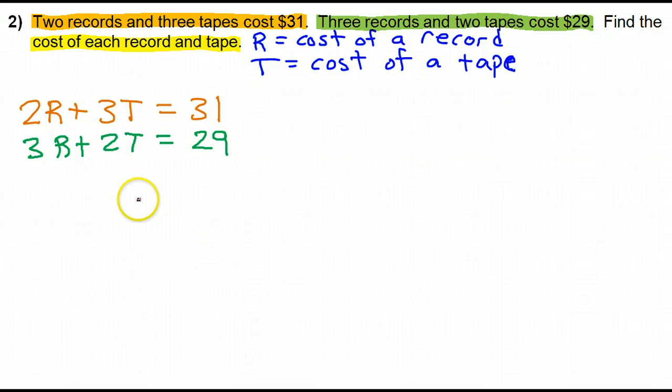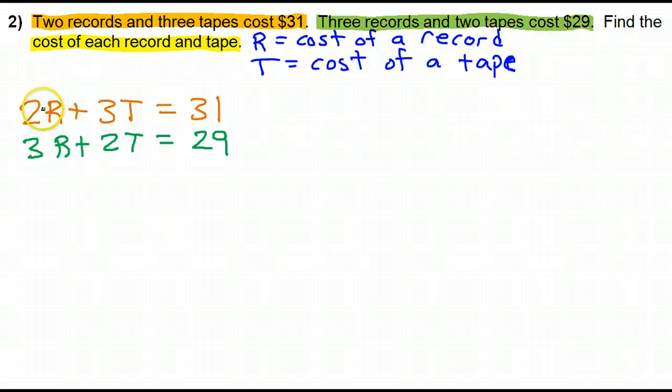Now, in terms of substitution versus elimination, which is also known as linear combination, which one of those 2 methods would be the best method for this particular problem? I hope you just said elimination. Why would substitution be a bad choice for this problem? That's exactly right.